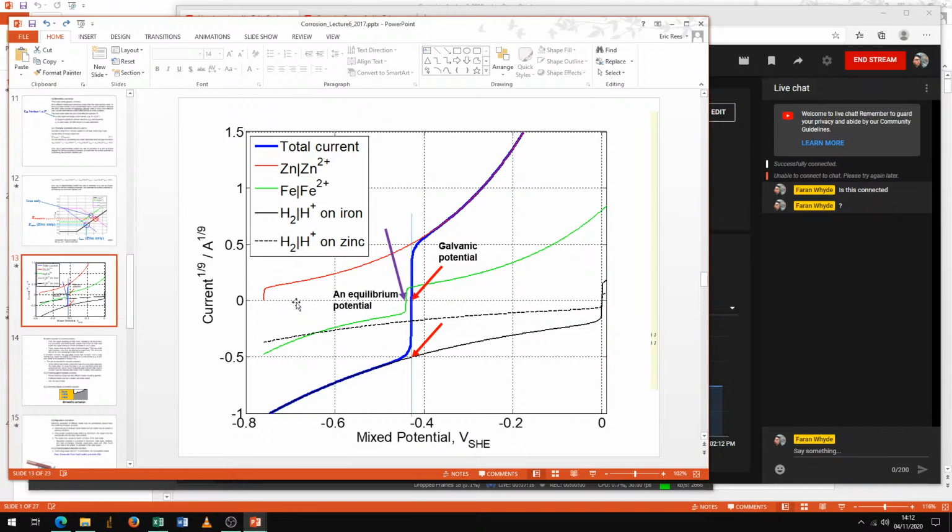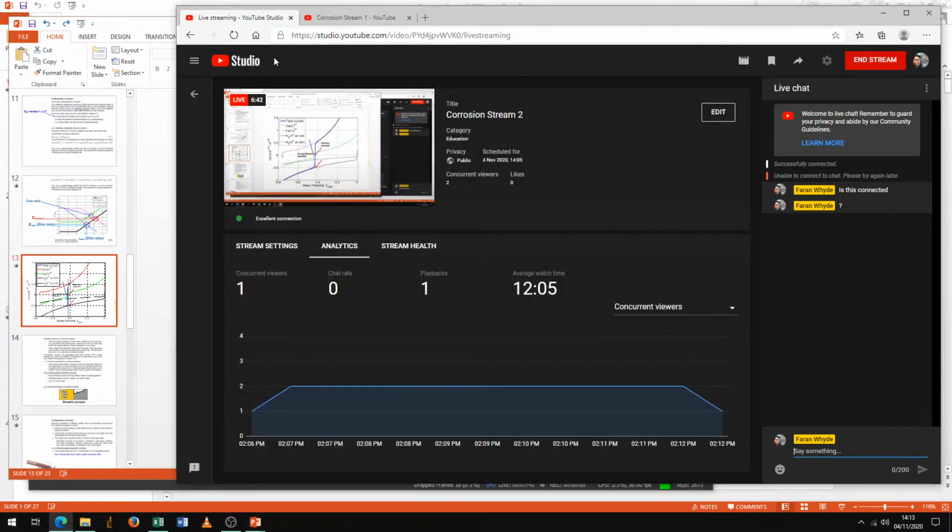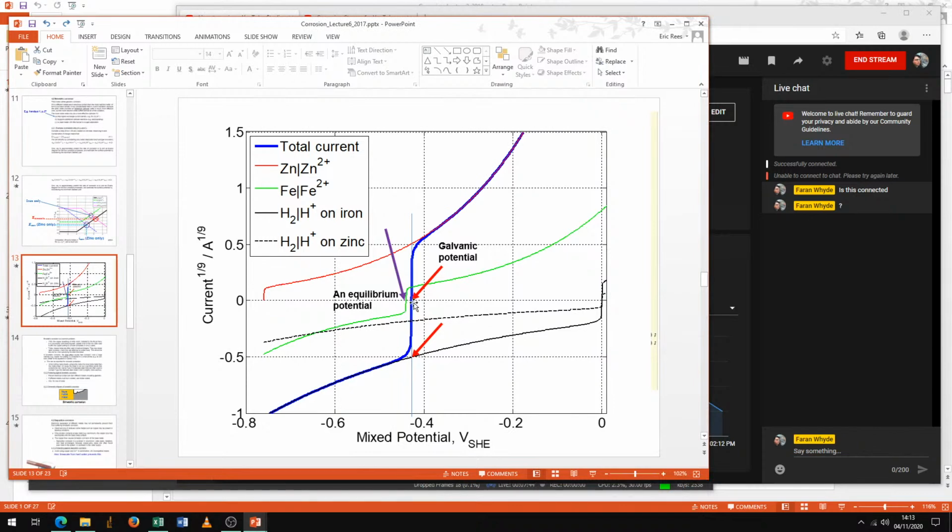So in this graph, the red line and the green line are the 2 metal anodes. They have their equilibrium potentials where the current density through the surface is 0 for them, and then the 2 black lines are hydrogen evolution cathodes on the zinc for the dashed line and the iron for the solid black line. The blue line is just what you get by adding all of them up together, and that's pretty simple to deal with.